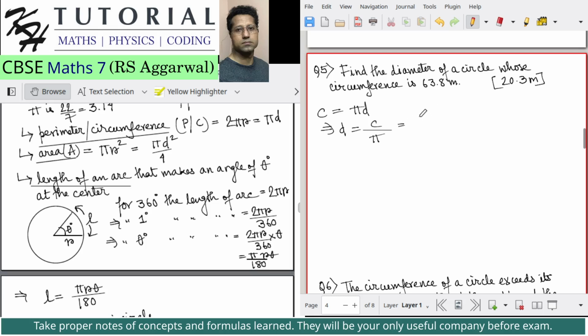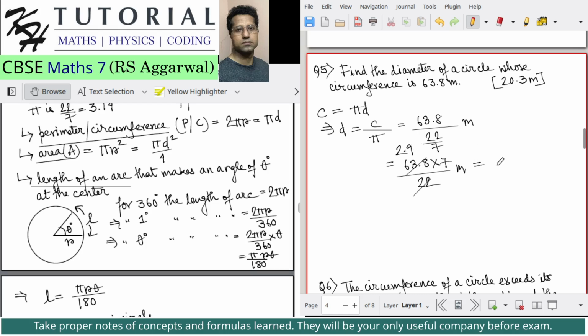So circumference is given as 63.8 and pi we will take as 22 by 7. So this much meter. Now this becomes 63.8 multiplied by 7 divided by 22. 22 will divide 63.8: 22 times 2 is 44, 198, so 2.9.